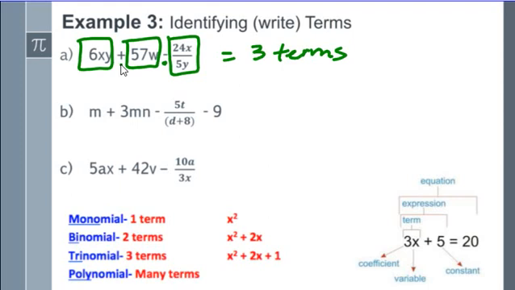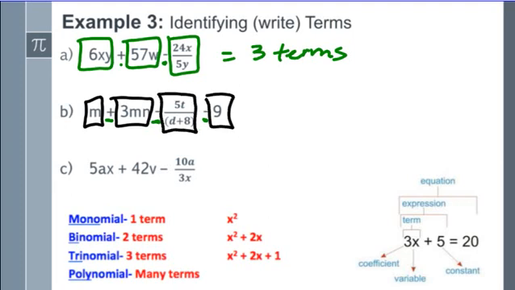So look at another example. Let's look at letter B. Here's a plus sign. Here's a minus sign. Here's another minus sign. Those are separating my terms. So let's put a box around my terms. One term, two terms, three terms, four terms.